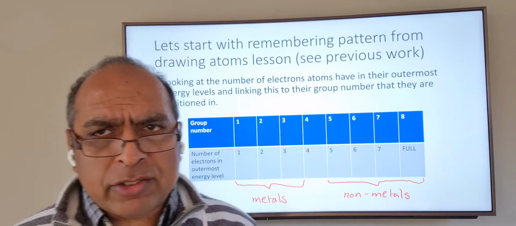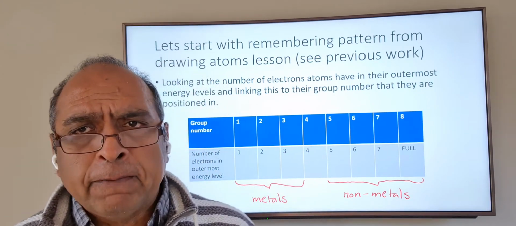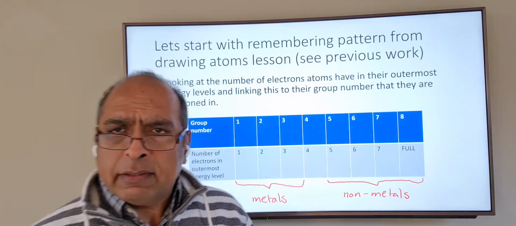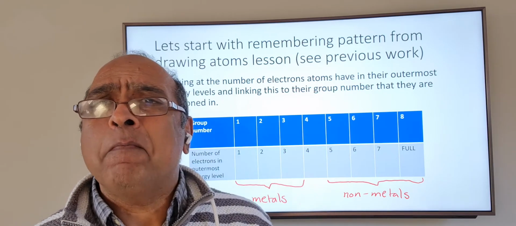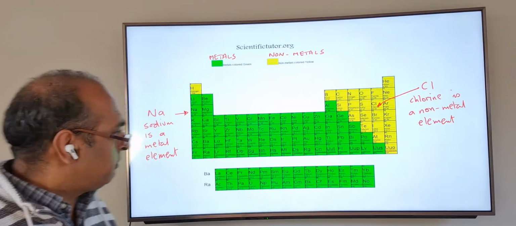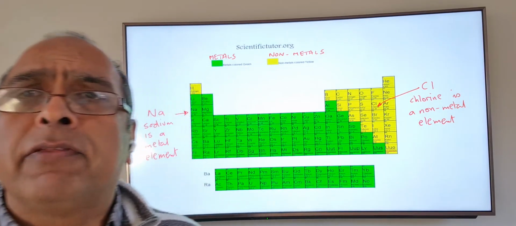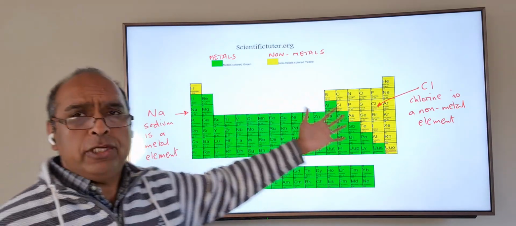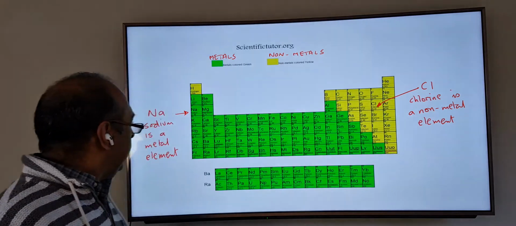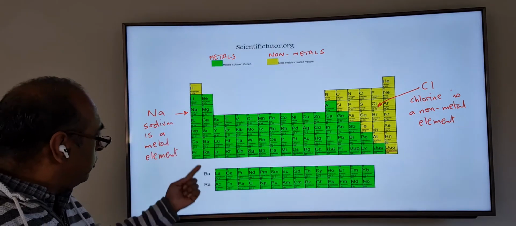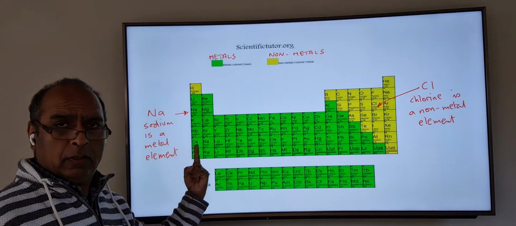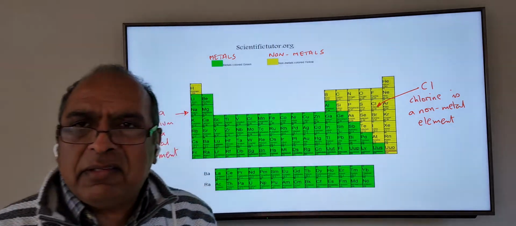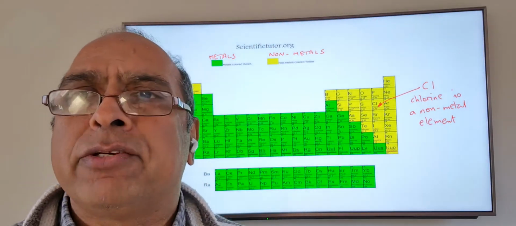But I'm going to get there. I just need to develop a few points before I explain to you how this links in with bonding. Can we go back and perhaps consider where the metals were? Now, I've grabbed a periodic table off the internet only because the colours were good. The green represents the metals, the yellow represents the non-metals, and can you see the groups 1, 2 and 3, that's group 1, that's group 2, that's group 3, and then with the exception of one element, they're all metals.